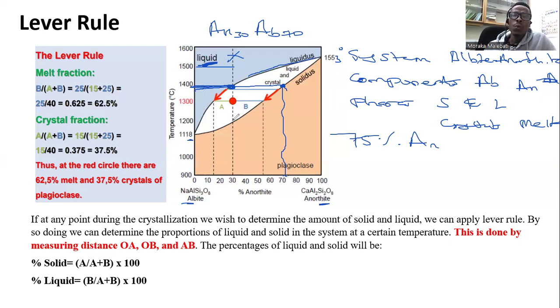Then how do we go about that? Now, the formula of the lever rule: if we want to know the proportion of the solid, or crystals, we must agree the solidus line is this line. So we go the opposite direction, the direction where we intersect with the liquidus line.